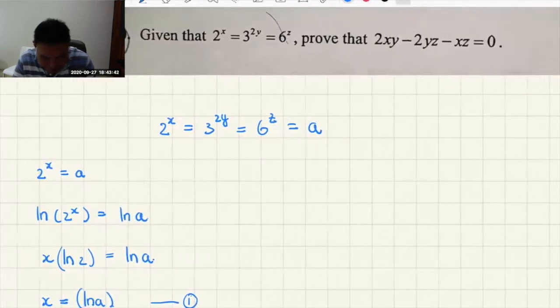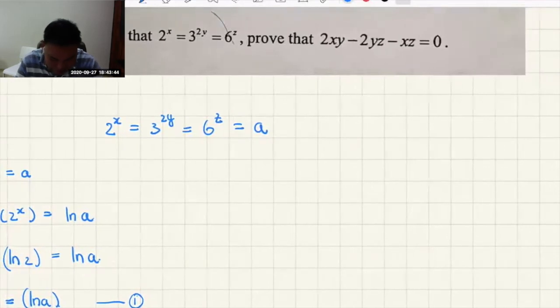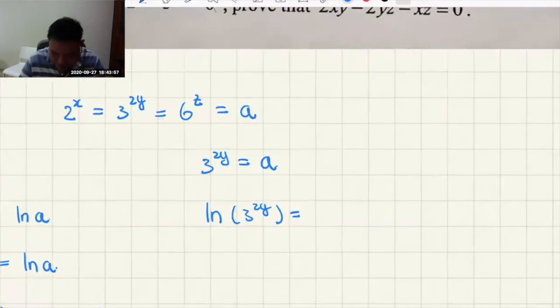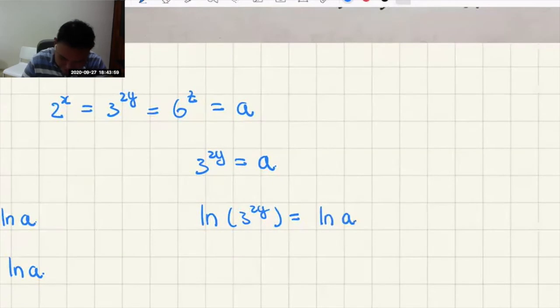Next, we express y in terms of a. 3 power 2y equals a. ln 3 power 2y equals ln a.